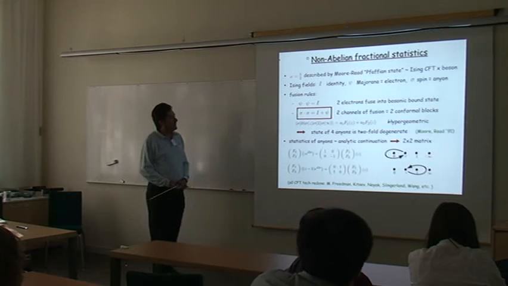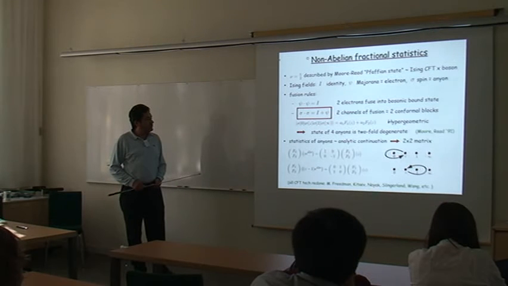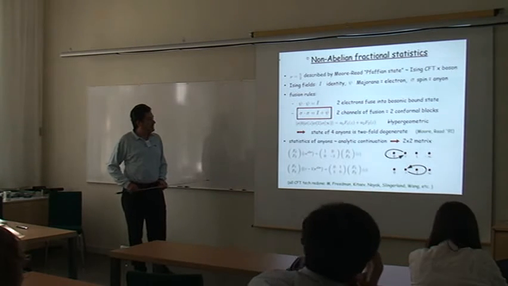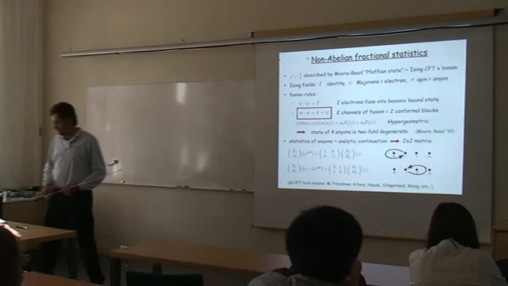So you get an element of the unitary group U(2), two-dimensional matrices, and so you have non-abelian statistics. Okay?